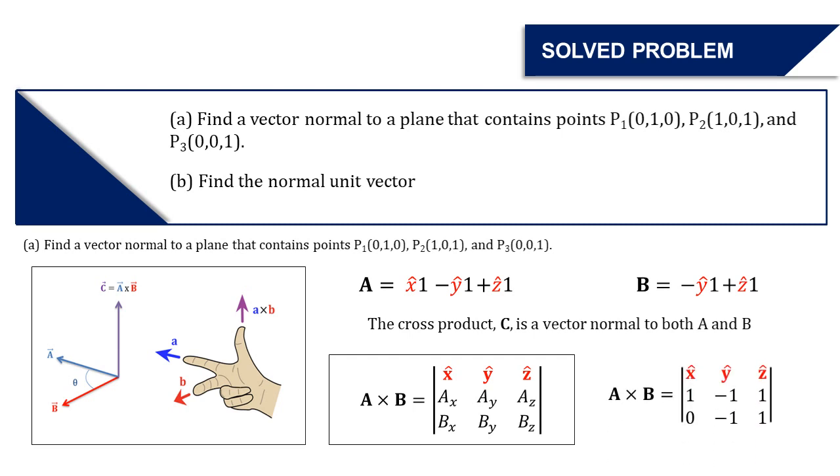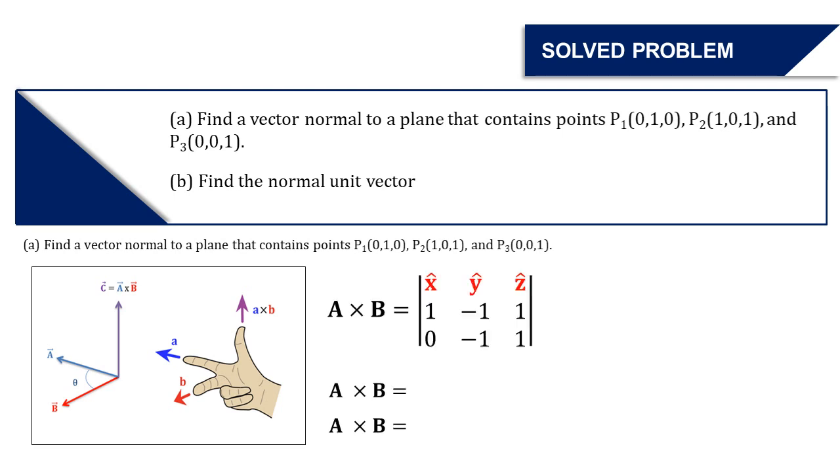Okay? So that will be written by A cross B is equal to x hat, y hat, z hat. Then sulat natin yung mga coefficients like positive 1 dito, negative 1 sa gitna, and then 1 sa z. Same with sa B. Tatandaan, pag wala yung x, 0 lang yan. Then sa y, we have negative 1. Sa z, we have 1.